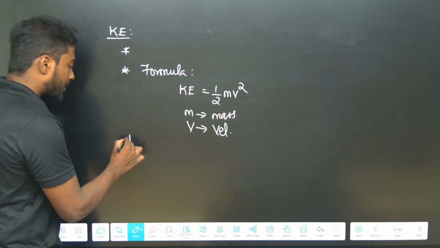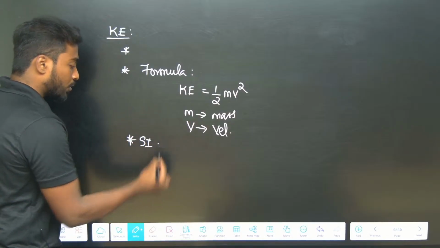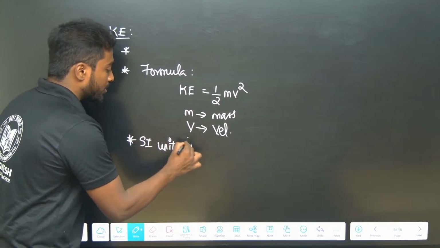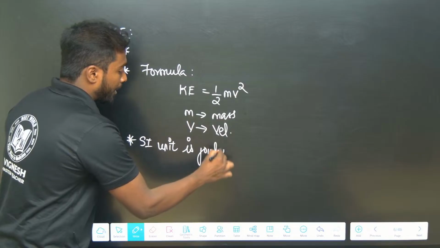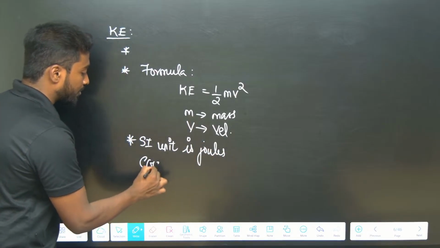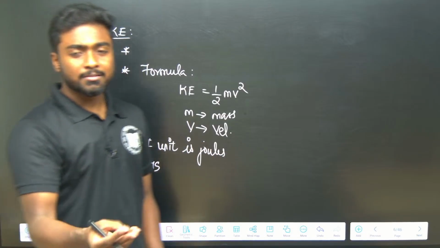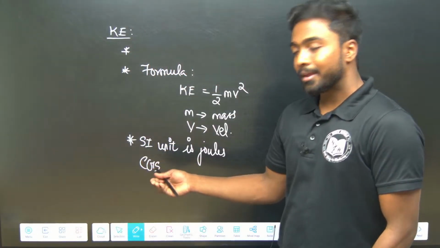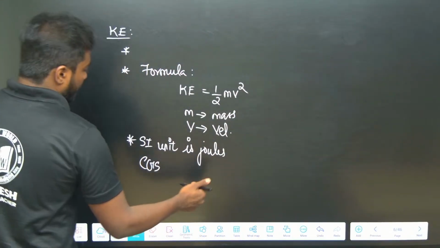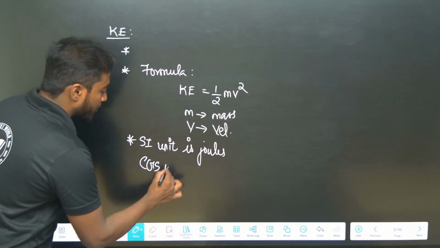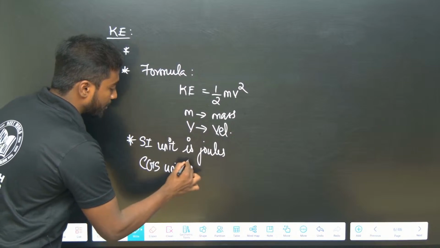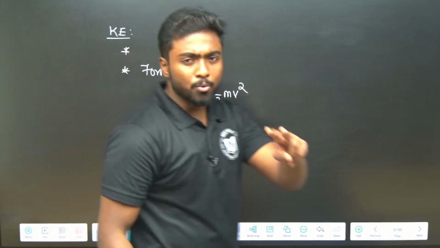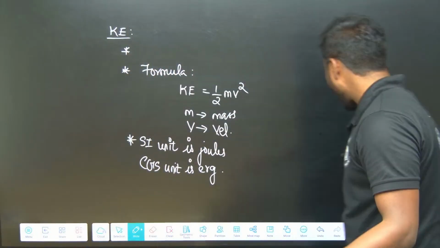Here also the SI unit is joules. And the CGS unit, what is the meaning of CGS? Centimeter, gram and seconds. The SI unit is MKS. The CGS unit is erg. Okay, so these are the first 2 points you should remember when they ask the question.